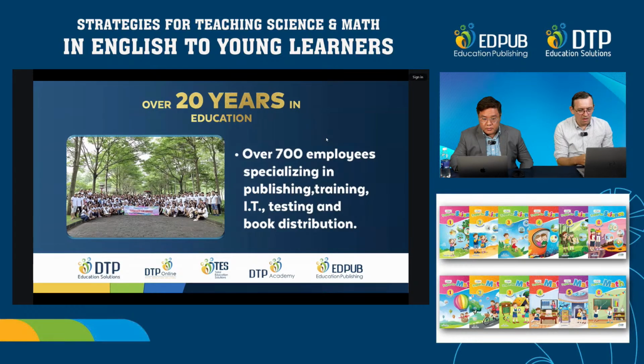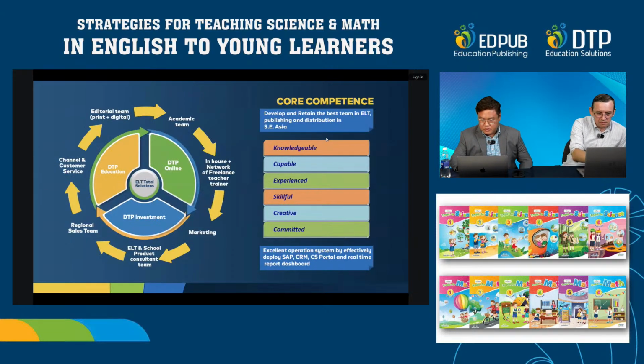We have over 700 employees specializing in many fields, including publishing, training, like we have today with Mr. Stephen, and testing and book distribution. We have a combination of three big parts in the education field: online digital resources, and we invest a lot in producing content and digital devices.